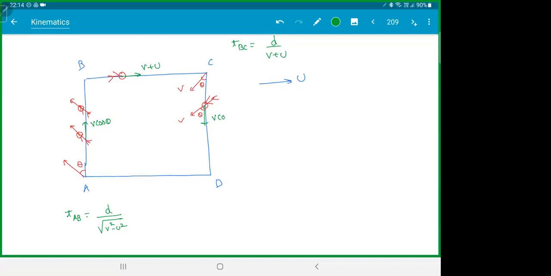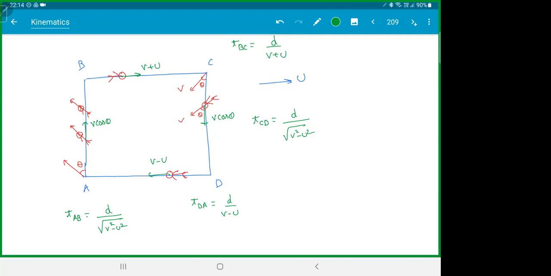Again, this is V cos theta. So time taken from C to D is D by root over V square minus U square. And going from D to A, he's going opposite to the river flow, so he swims with V minus U. So time taken from D to A is D by V minus U.